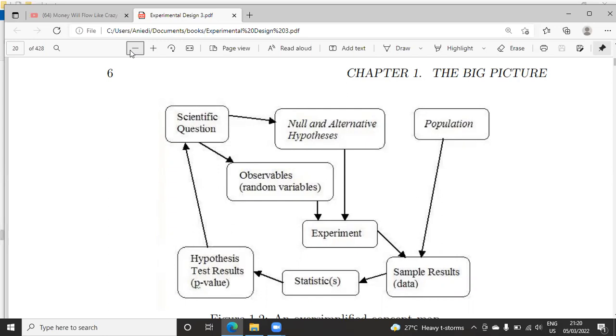We have age factor, educational factor, occupational factor, gender factor. I hope you understand. So within the factors, there are levels of treatment.